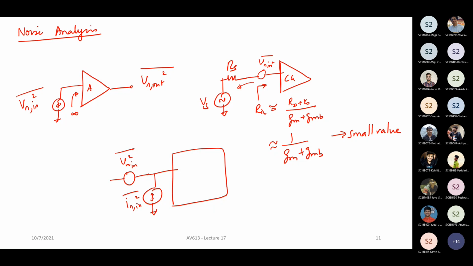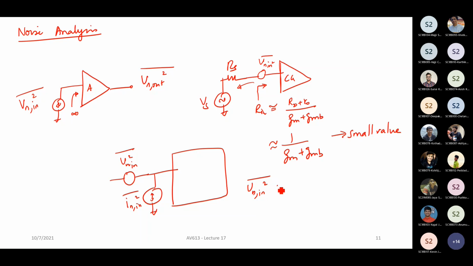In order to accommodate all these problems, we model it with both the noise voltage power spectral density and the noise current power spectral density, both referred to the input. And how do we derive it? We derive it by saying, so Vn in squared.